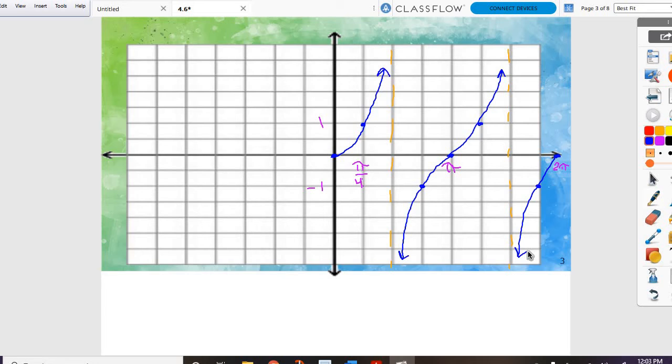Now notice, how often does tangent repeat itself? Every pi, yeah. Notice that at 0 and at pi I'm at a 0, and after that they go up. And then notice that at 2 pi, again I'm at a 0, and it would also continue to go up. Yes? So it's repeating itself every pi.